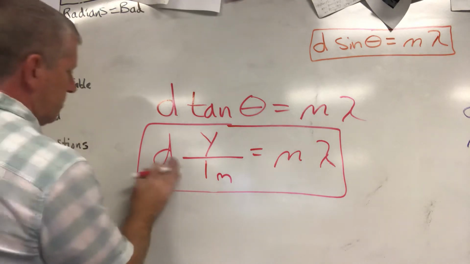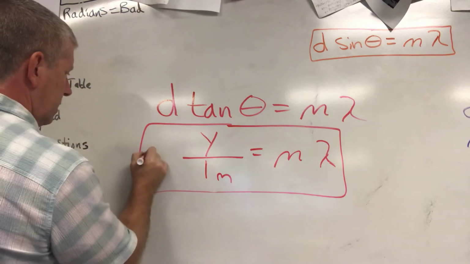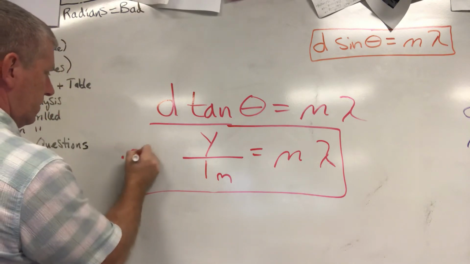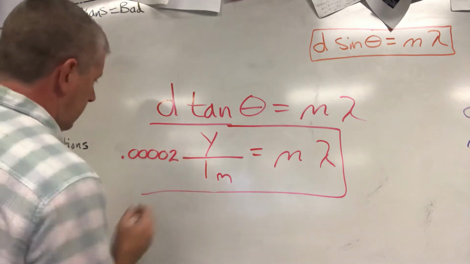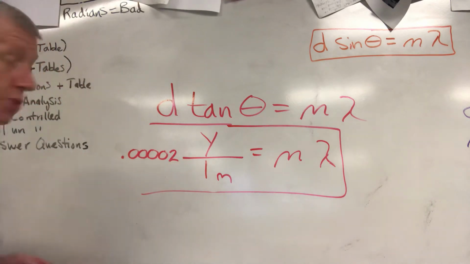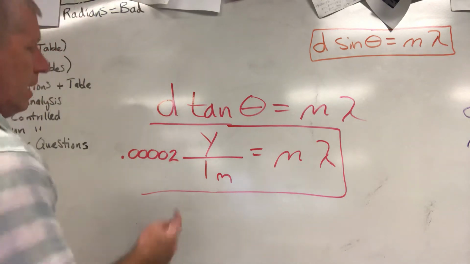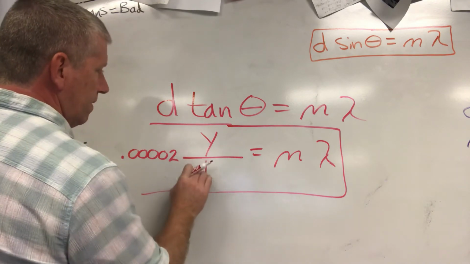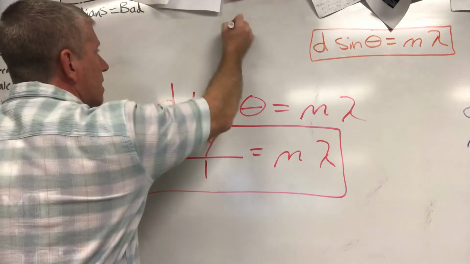And you know the distance between the slits is 0.02 millimeters, 0.00002 meters.